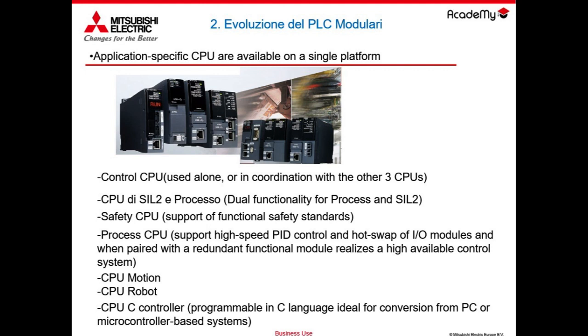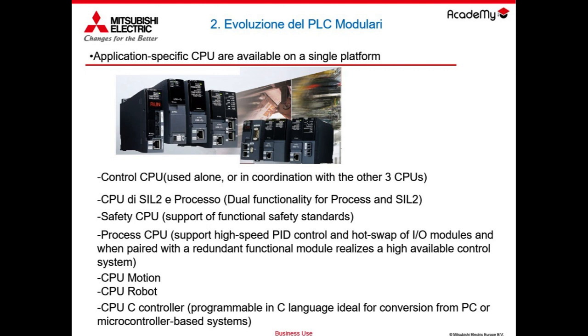A process CPU contains algorithms dedicated to the process, such as PID and not only, and with it, it is possible to create a redundant system for an even more reliable control. It is in fact possible to make a swap in a redundant system between two processing units.